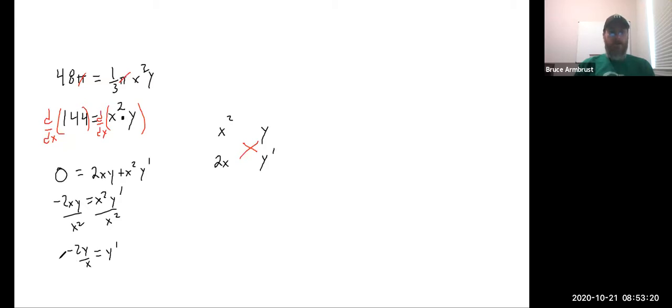So if we want to find this rate of change, all we need to know are x and y. But they told us, right? They told us that we wanted to look at it when x is equal to 4 and y is equal to 9. So if you just plug those in, you get negative 18 over 4, or minus 9 halves.